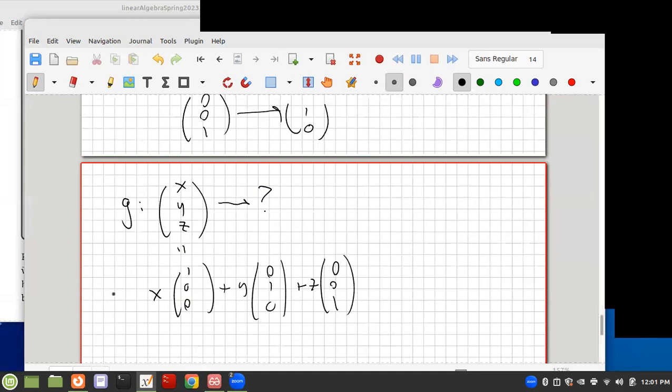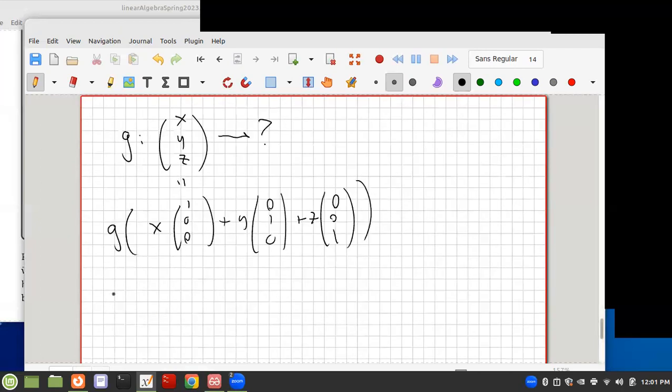Then I can say, well, what is G of this vector? Because G is supposed to be linear, I know this is equal to X times G of 1, 0, 0, plus G plus.